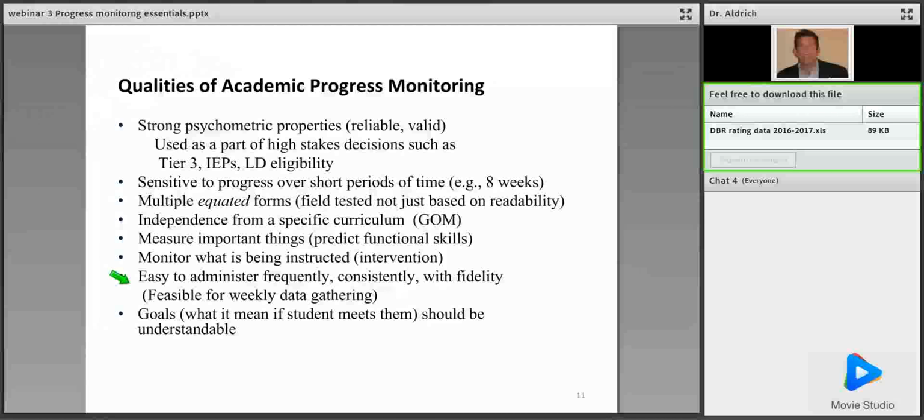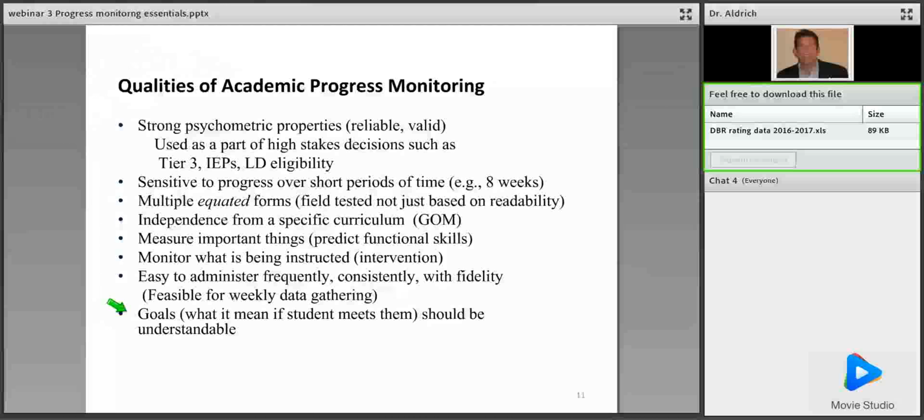You want something that's very brief. We talk about a temperature or a scale, something that's reflective of the student returning to health, getting better, an important reflective measure, but also very feasible. We're going to talk about this throughout this webinar.